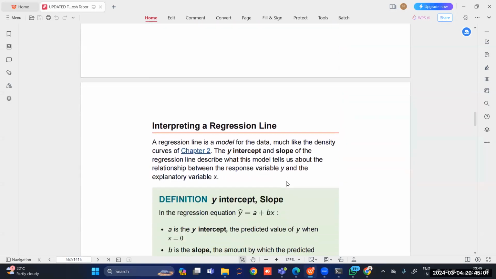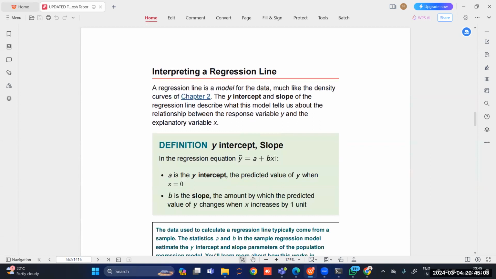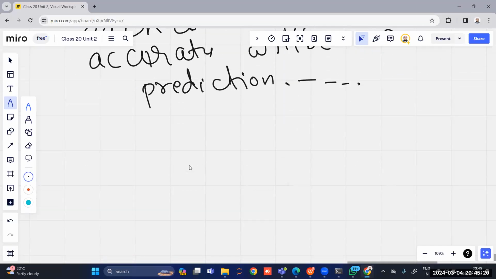So the next thing now is interpreting a regression line. See, y-intercept and slope. I've explained this. What is slope? This b1 that comes with the variable is known as the slope. Slope means inclination. And what is y-intercept? This is the a. Suppose this is the line y equals a plus bx.